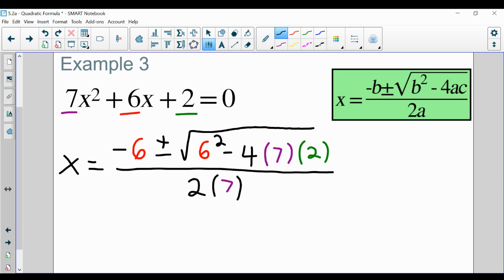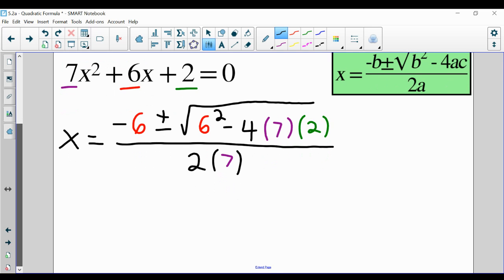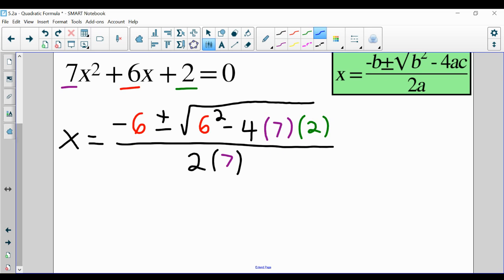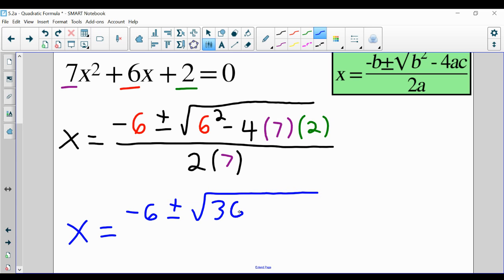All right, so take a look. That's how everything should be plugged in. It's probably the easiest place to make an error, by just plugging the numbers into the wrong spots. And then we simplify. So here we go. X equals negative 6 plus or minus the square root of 6 squared is 36.